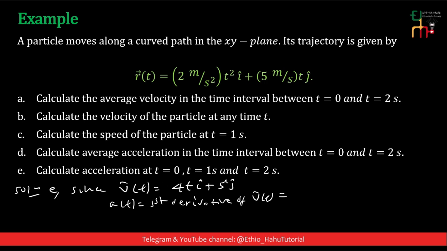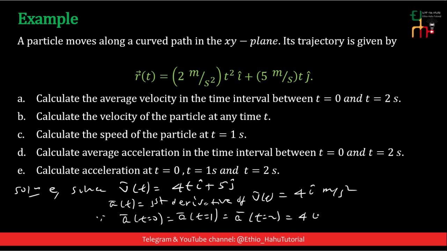The derivative of a constant is 0. The derivative of 4t is simply 4 i meter per second squared. Therefore, acceleration at t is equal to 0 is equal to acceleration at t is equal to 1 is equal to acceleration at t is equal to 2 seconds is equal to 4 i meter per second squared.